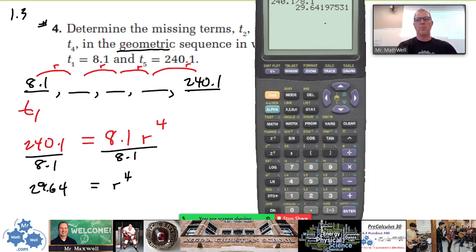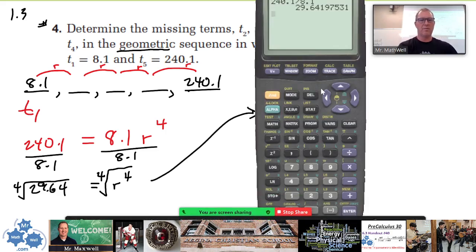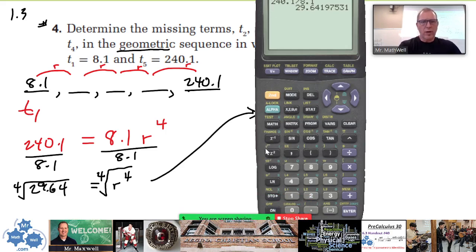And in order to get R by itself now, I have to take the 4th root. Now you're going to have to figure out on your calculator how that works. Some calculators are different than others. I have a square root button here, and most of you should have a square root button. Some of you might have an x to the power of y button, or an x root button. So you have to figure that out.